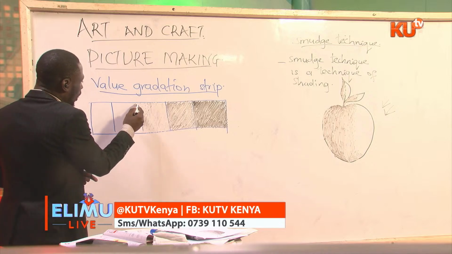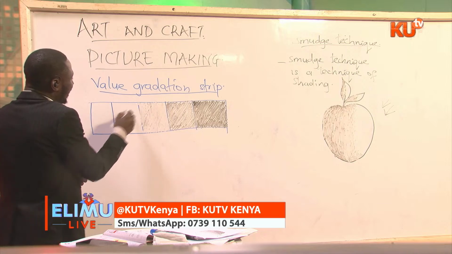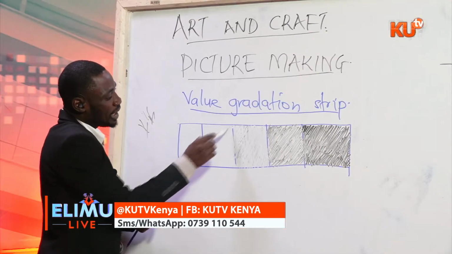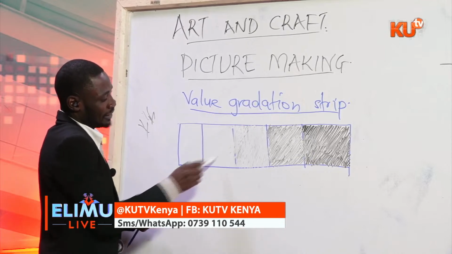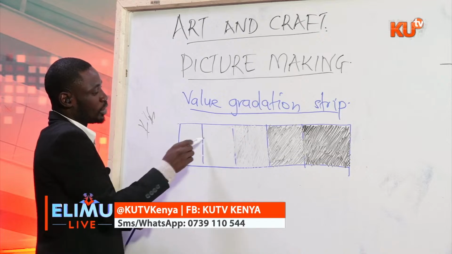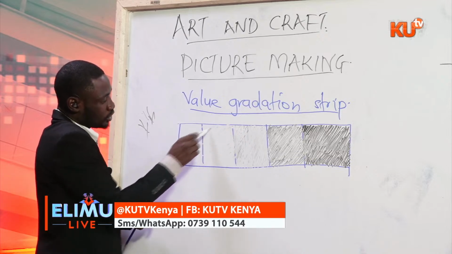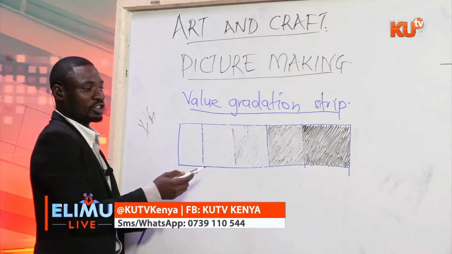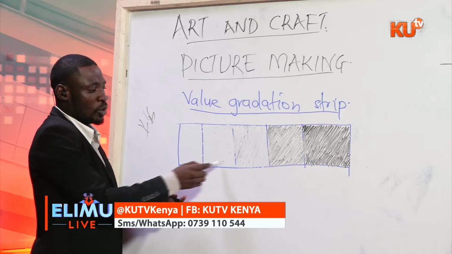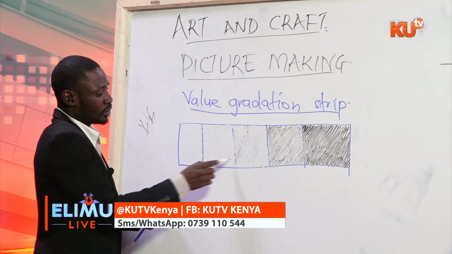So this part will appear lighter, and I hope you are also shading. This is just the first shading that you are doing. We will also do one together on a piece of paper.